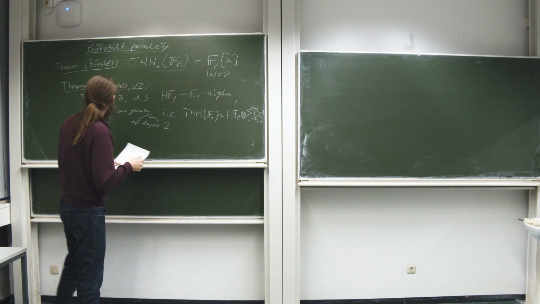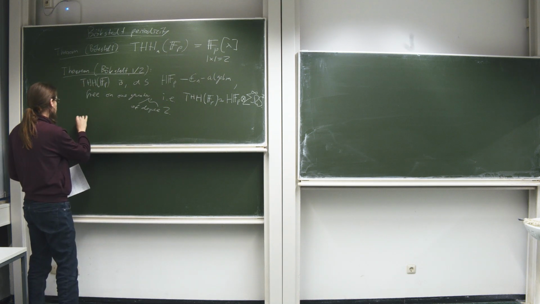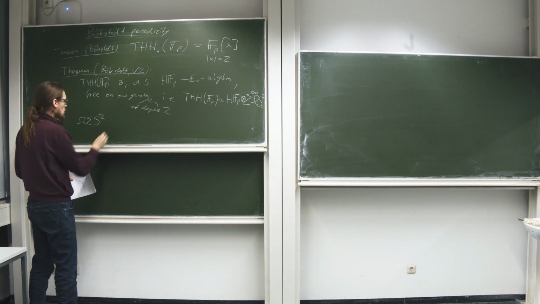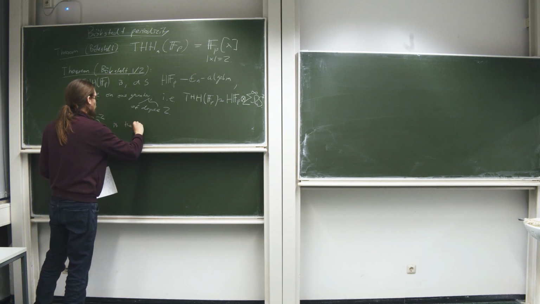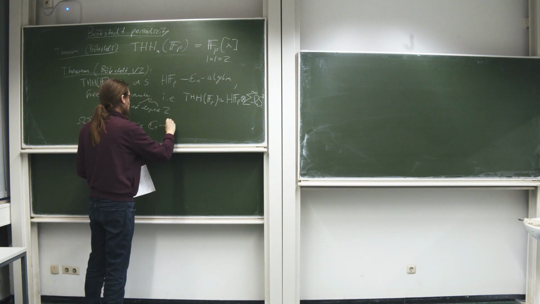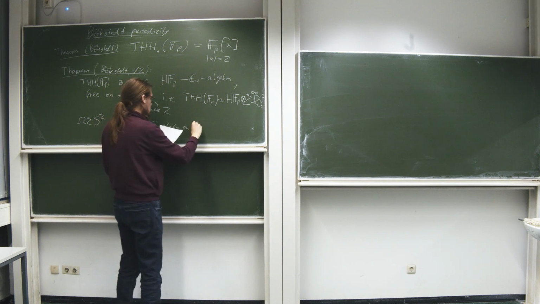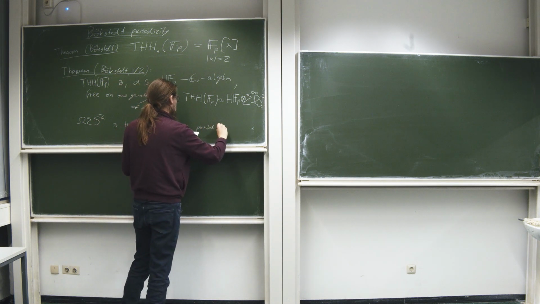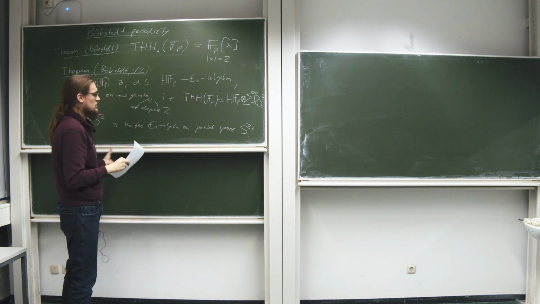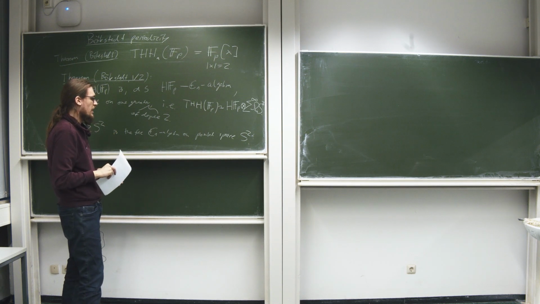Well, recall that loops sigma S2 is the free E1 algebra on the pointed space S2. This comes from the so-called recognition theorem of En algebras.